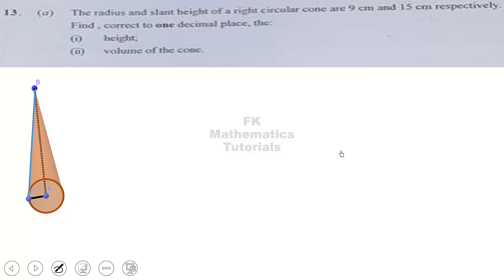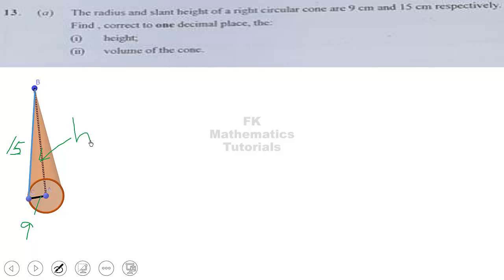We're told that the radius is 9. Then the slant height is 15.